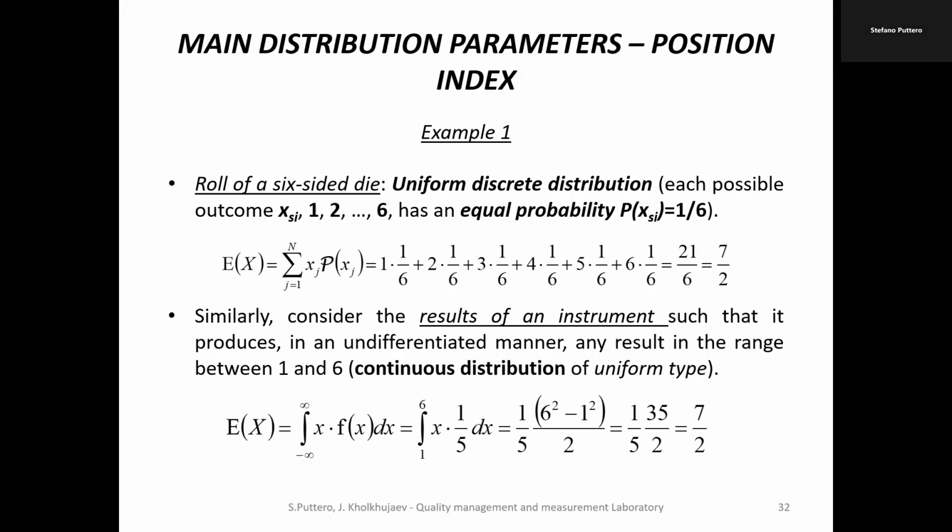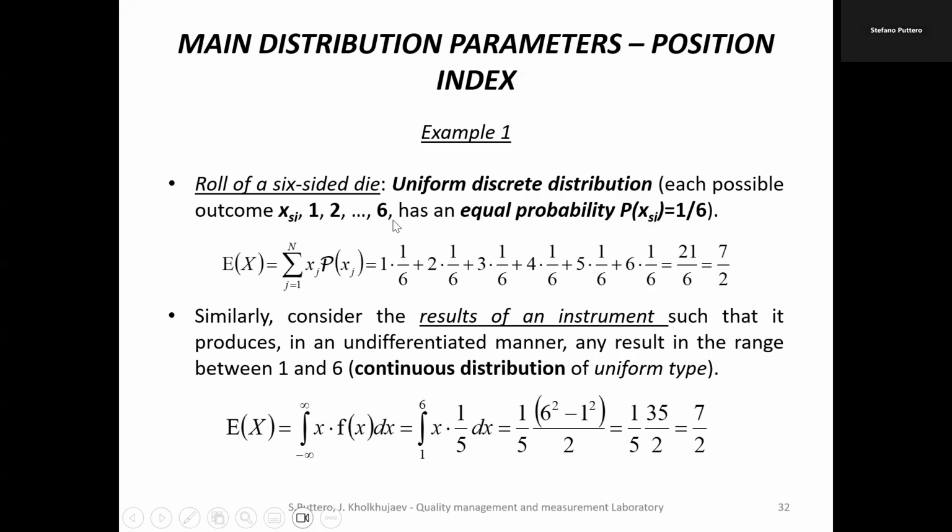So if we want to calculate the expected value, in this case, we can use the formula that we already saw before. If we roll a six-sided die, we know that if the die is fair, of course, because this is why we are considering a uniform distribution, we have six possible outcomes.